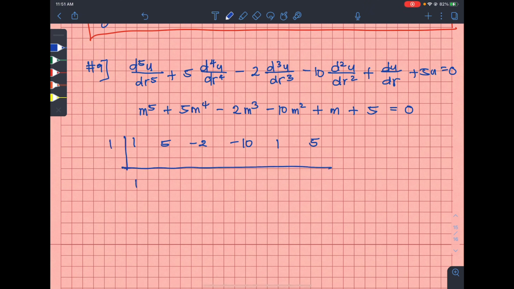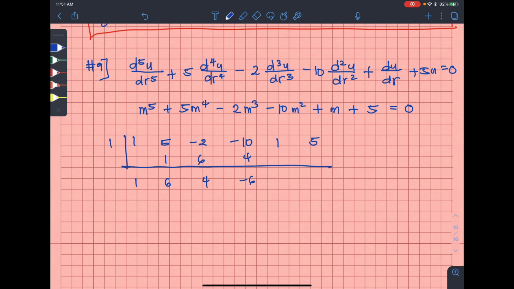So bring down 1. 1 times 1 is 1. 5 plus 1 is 6. 6 times 1 is 6. Negative 2 plus 6 is 4. 4 times 1 is 4. Negative 10 plus 4 is negative 6. Negative 6 times 1 is negative 6. That is plus 1 is negative 5. Ayun. So luckily, we have m to be equal to positive 1.